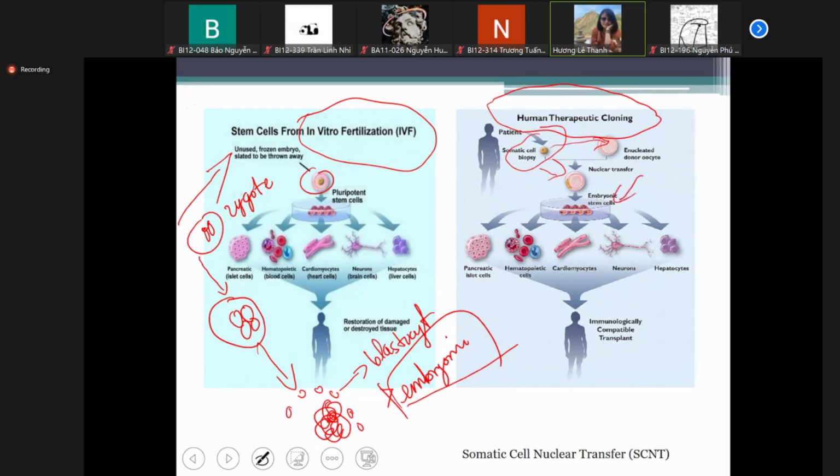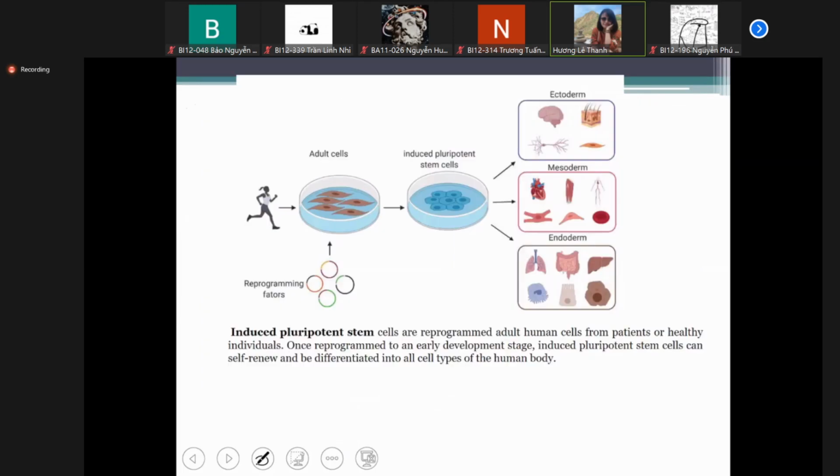And next, we have a huge discovery, a huge discovery for humans. We can introduce new specific genes into already specialized somatic cells. We take the somatic cells and introduce some reprogramming factors, a specific gene here.